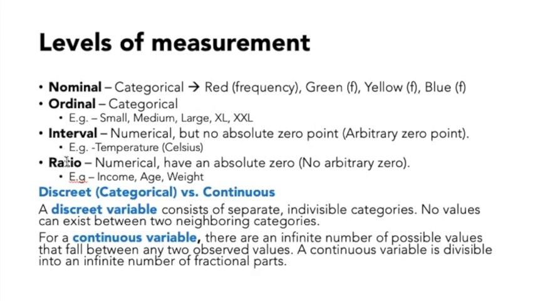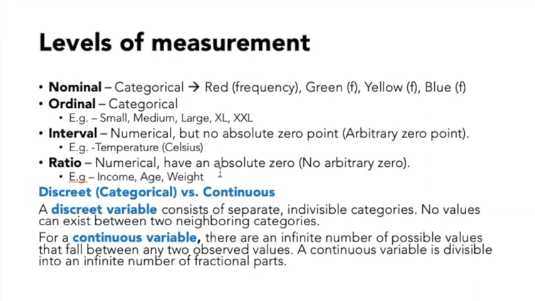And then again, you have ratio. Once again, this is also numerical, but here you have absolute 0. For example, income. Unlike temperature, if someone says my income is 0, it means you don't have any income. If you say my age is 0, it means you are technically not in this world. If you say your weight is 0, then it pretty much means you don't have a physical body. So ratio scale and interval scale both deal with numbers, but in ratio there is an absolute 0.